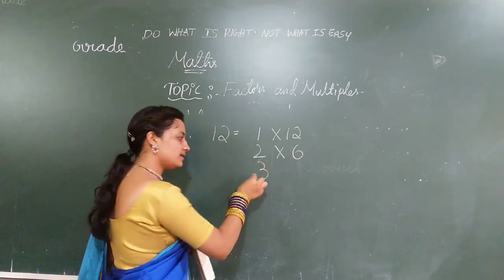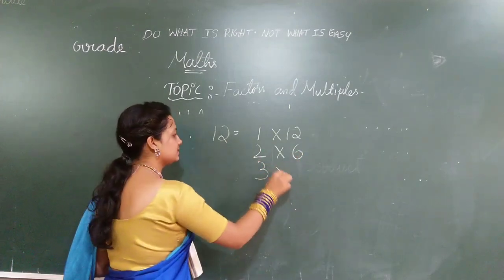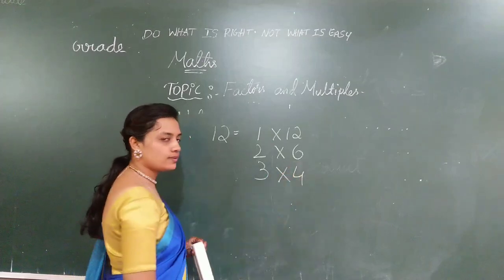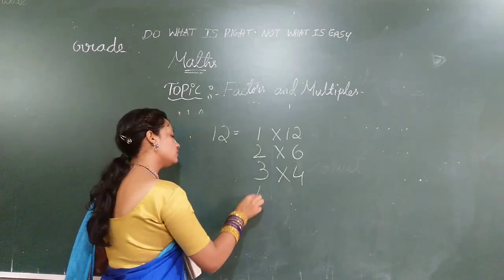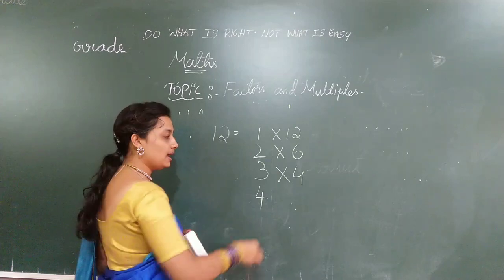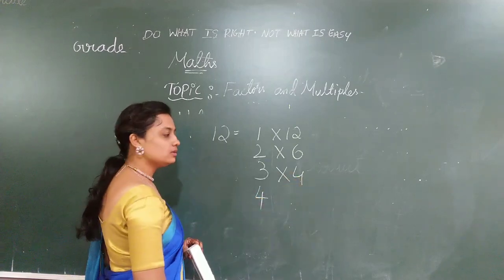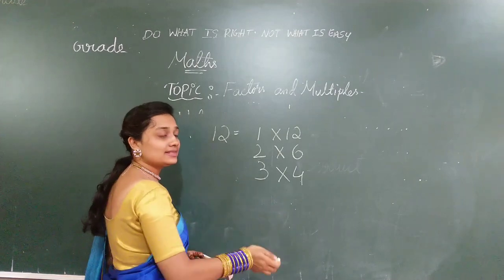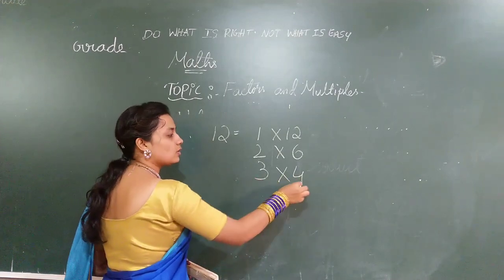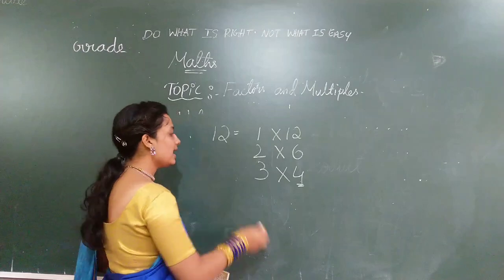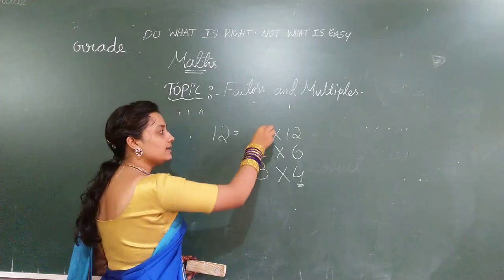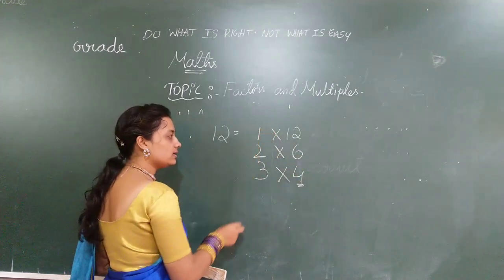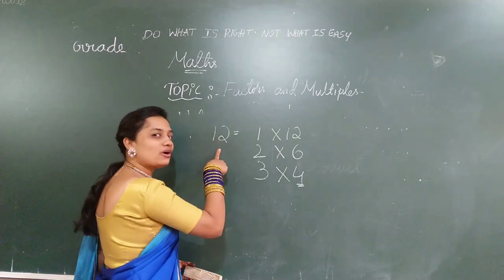It comes in 3? Yes, 3 4 is 12. Next 4, but I already have 4 here, so no need of writing 4 3 again. When I get a number like this, where my next number is already here, then I stop.